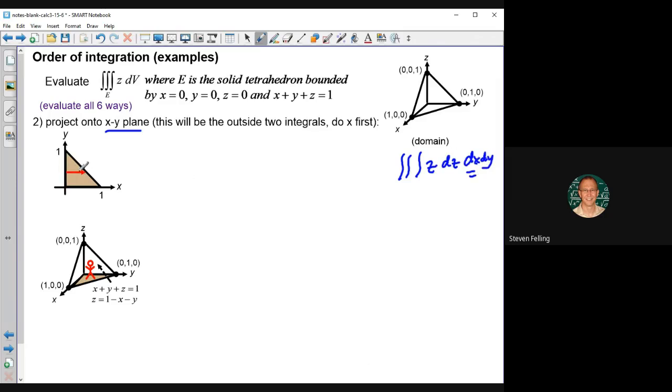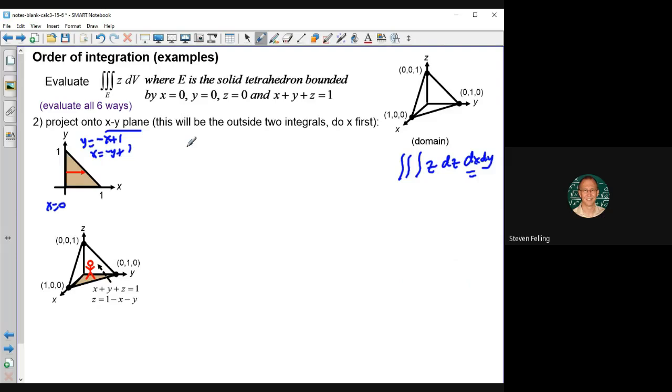So we'd be moving in the red arrow this way. So that's going to be going from x equals 0 to, well, this is the equation y equals negative x plus 1. So I'm going to have to solve this for x. So I would get x equals negative y plus 1, right? Yeah.